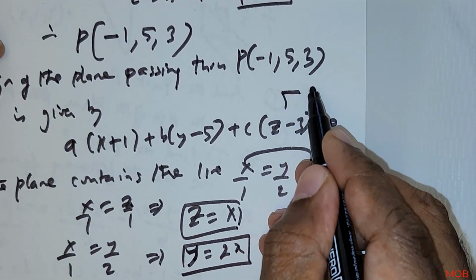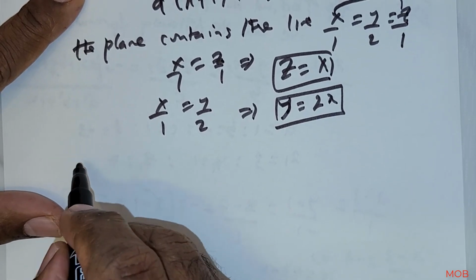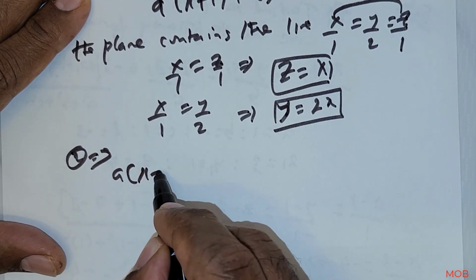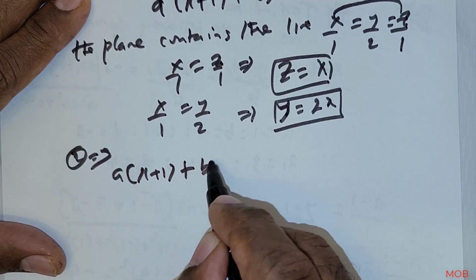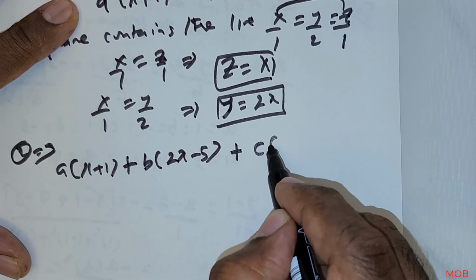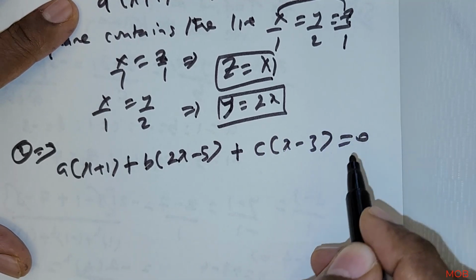So if I take this as sum 2, it can be rewritten as a times (x + 1) plus b times (2x - 5) plus c times (x - 3) is equal to 0.